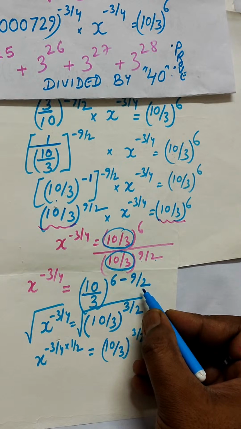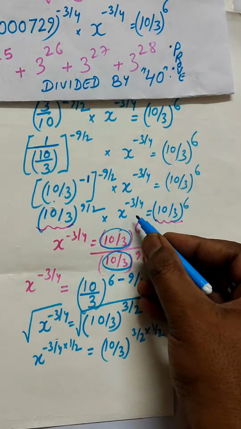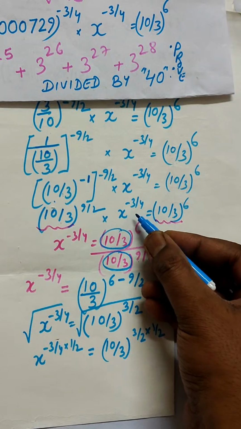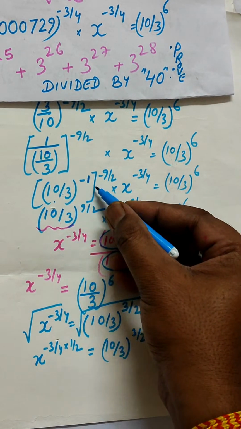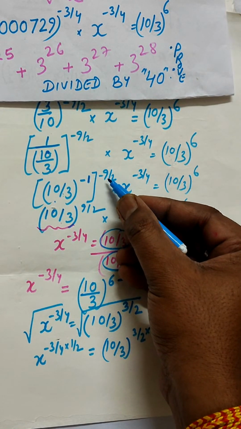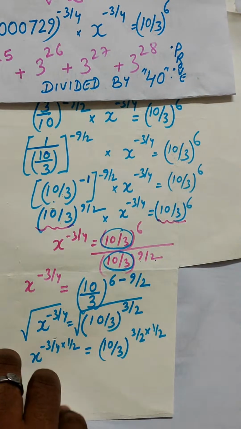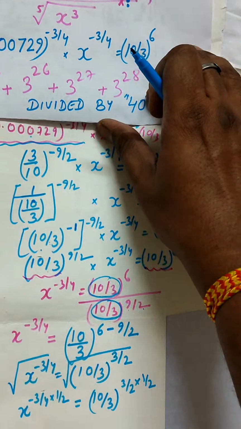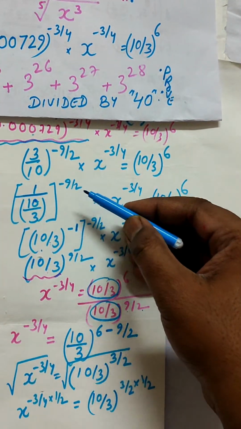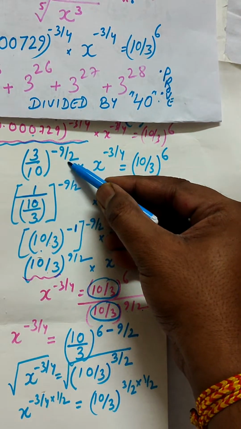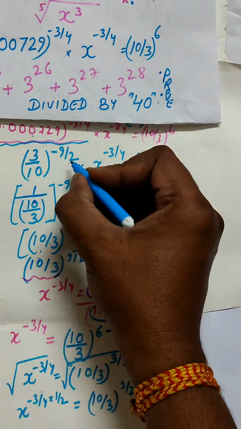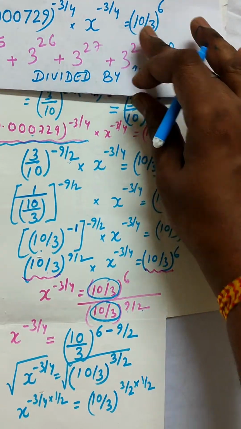So here you can see x power minus 3 by 4, which was acting as a variable over here, and 10 by 3 power minus 9 by 2 was there, right? So here you can see 3 by 10 power minus 9 by 2 was our variable. So let us verify once more.